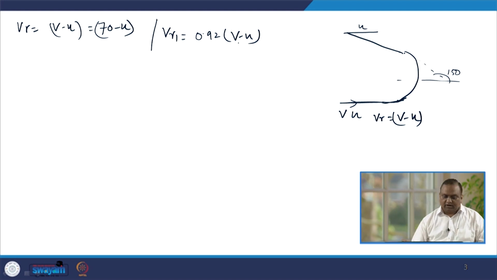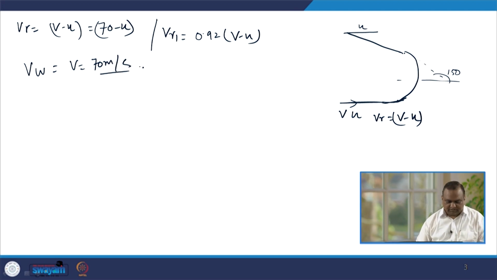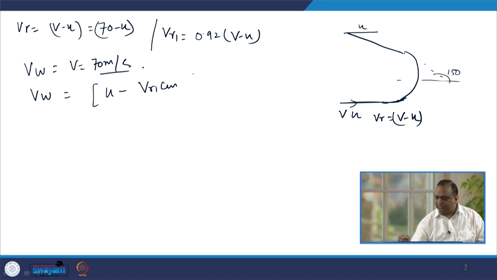Now the whirl velocity VW is equal to V, which is 70 meters per second, and VW1, the whirl velocity at outlet, is equal to U minus VR1 cos 30, because this angle is going to be 30.